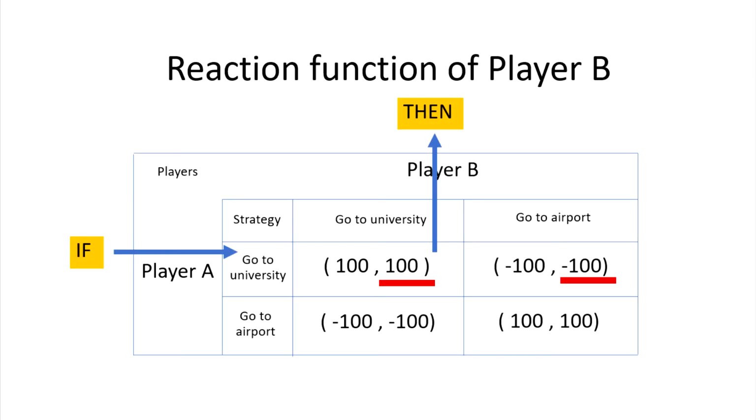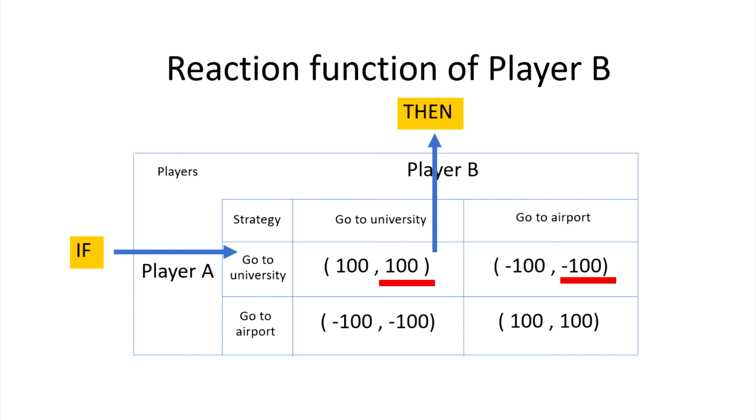Here we find the reaction function of player B. We use the same method, if and then. First, if player A goes to university, then B compares 100 and minus 100. You see that B will gain 100 if B goes to university too, but will lose 100 utils if he or she goes to the airport.